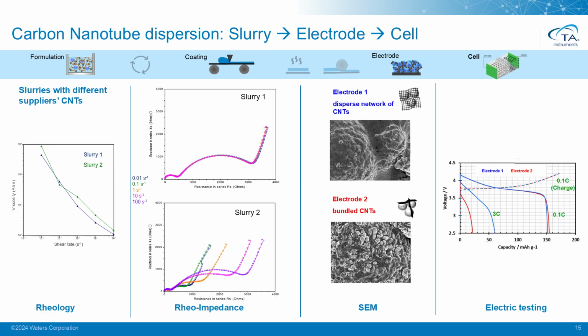But now the Rheo-Impedance setup gives us the benefit that we do not have to go all the steps to the cells to do the final cell testing to judge: is this a good manufacturer of CNTs or a bad one? Right after mixing the first batch of the slurry and testing it in the Rheo-Impedance setup, we can judge, okay, slurry 1 is good, slurry 2 is bad. We might stay with manufacturer 1.